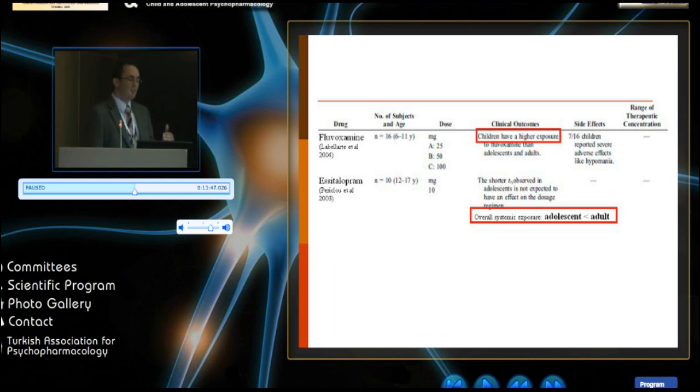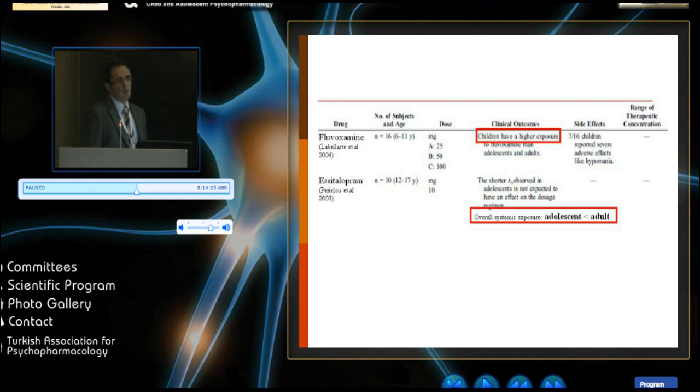Coming to fluvoxamine, it reaches a higher exposure in children pharmacokinetically, therefore it should start with lower dosages. In escitalopram, the adolescent study shows something very interesting.